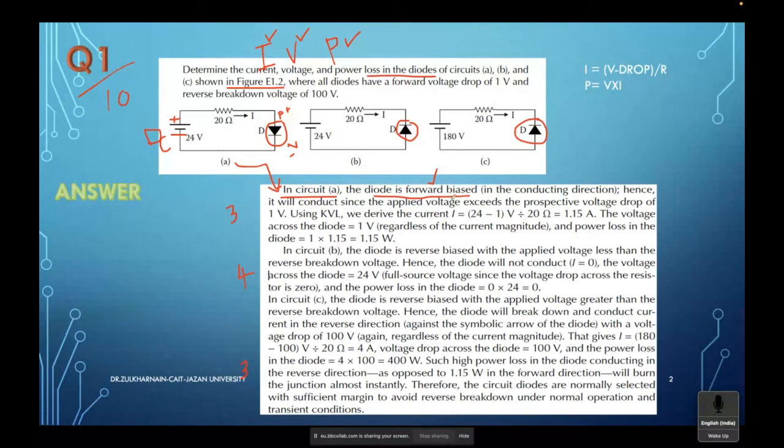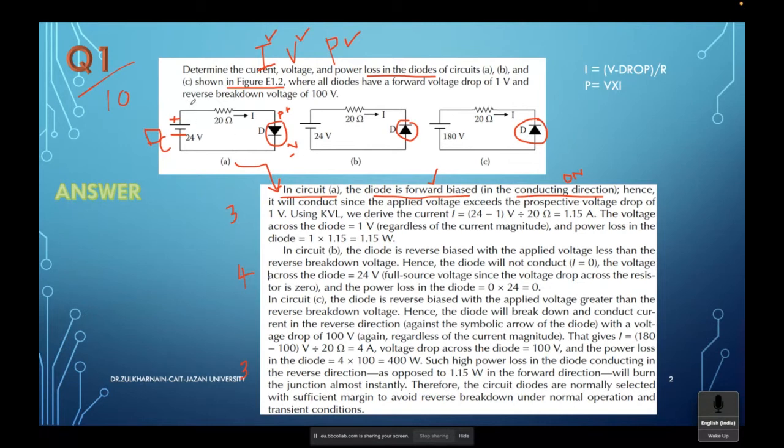When your diode is forward biased, it is called the conducting state, or also called the on state, because a diode is like a switch. Whenever power supply plus is connected to plus and minus is connected to minus, this is called forward bias, and it is also called conducting or on state.